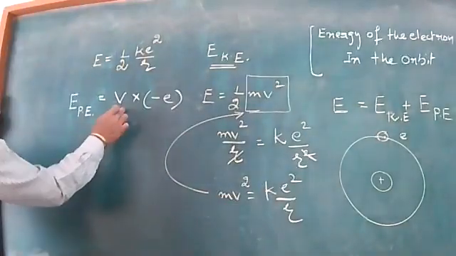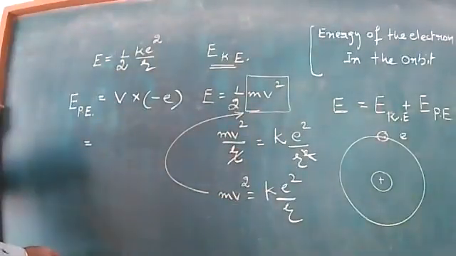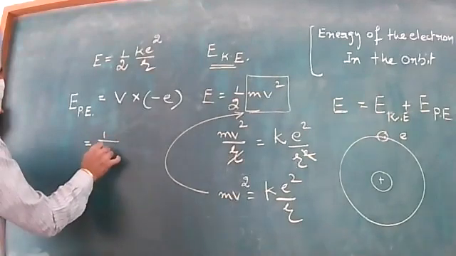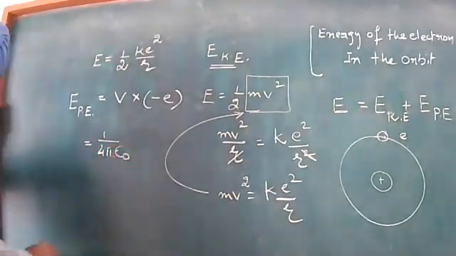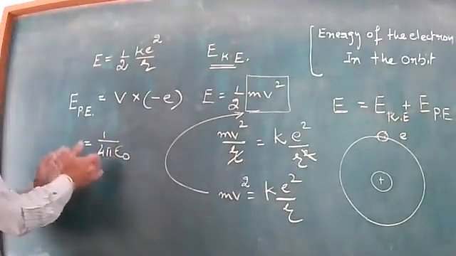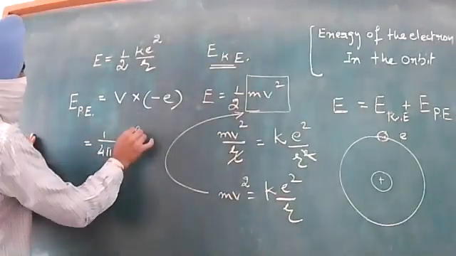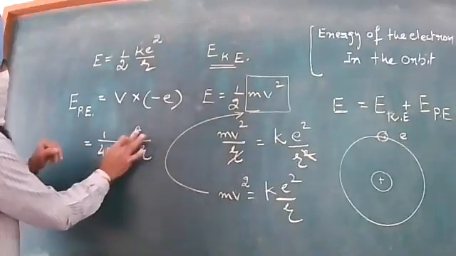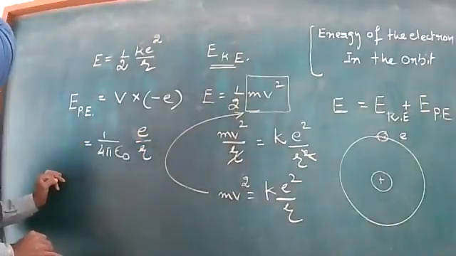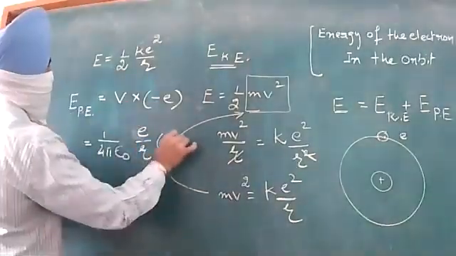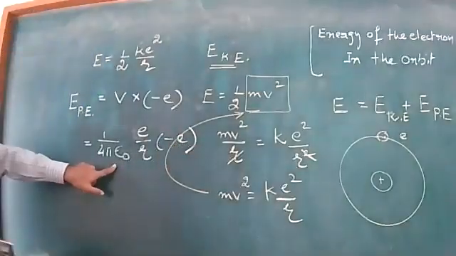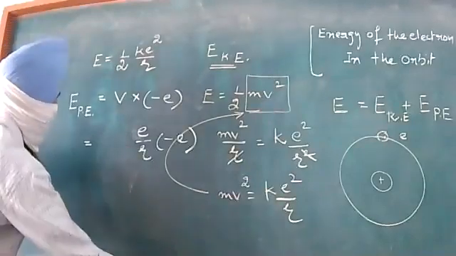I am writing it as 1 by 4 pi epsilon naught, just to make you familiar with the same relationship. And q upon r, q is now e, and this is minus e, and I will not be writing it as 1 by 4 pi epsilon naught. I will just write it as k.